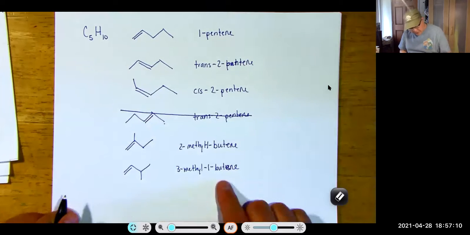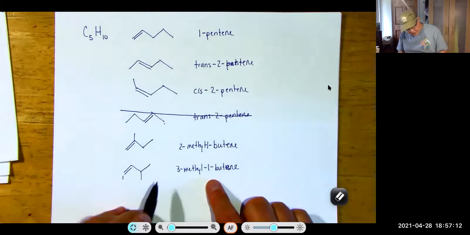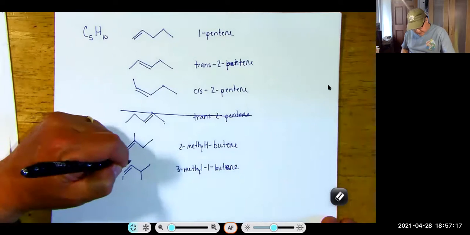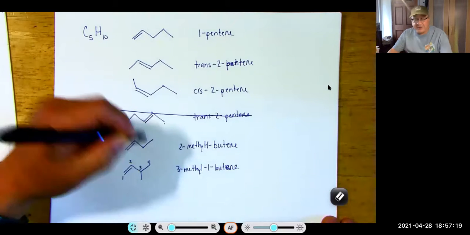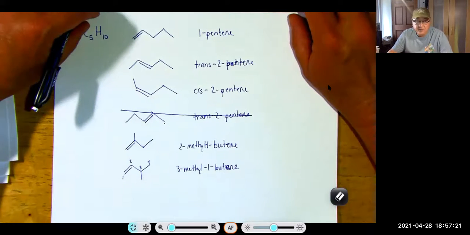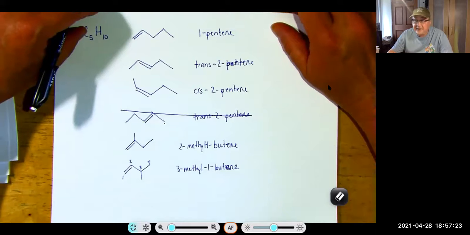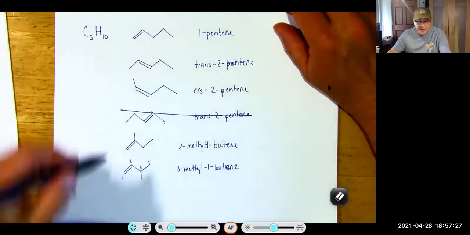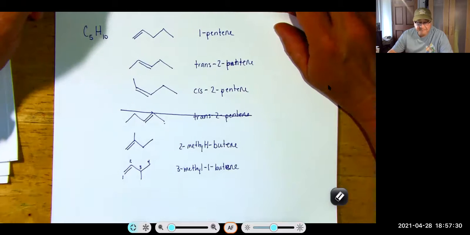Now, why do we start numbering here instead of on this side, which is closer to the substituent? The answer is that when you're numbering, you do want the substituents as low as possible, but more important is to have the functional group as close to the beginning as possible. So functional group trumps substituent.